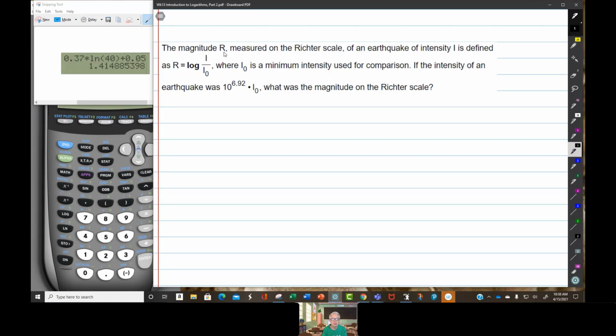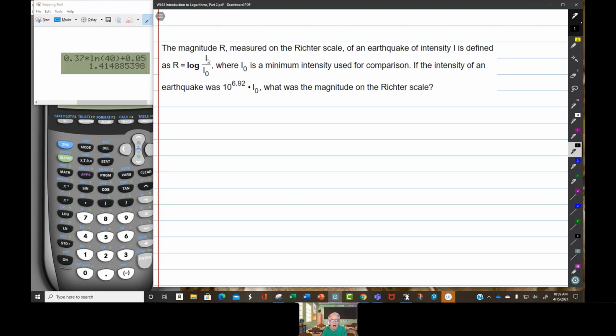Magnitude R, that is the bigness of the earthquake. The magnitude R, measured on the Richter scale of an earthquake of intensity I, the strength is I, is defined as R equals the log, base 10. We don't write the little 10 when it's log base 10. We just write log.